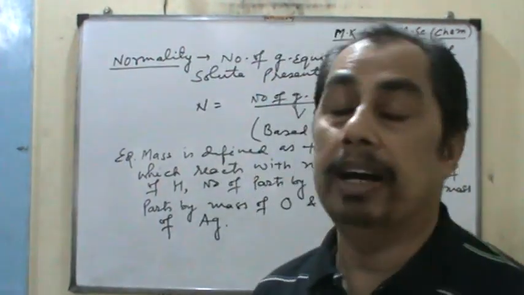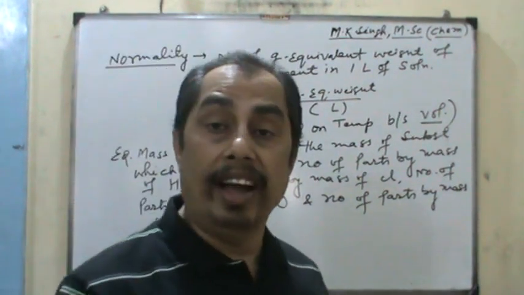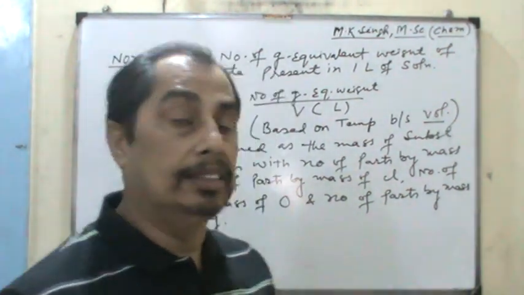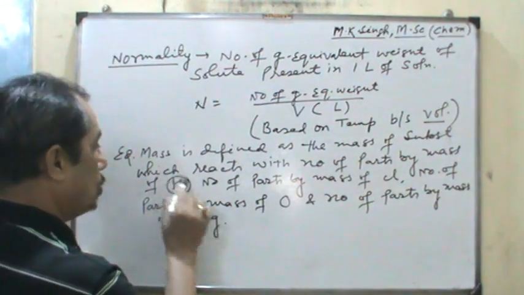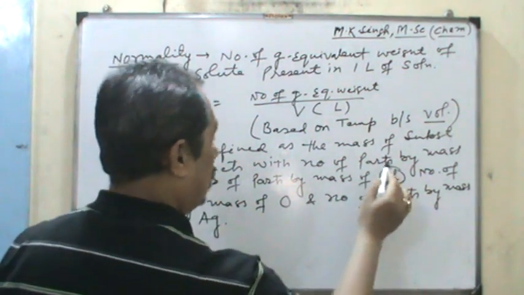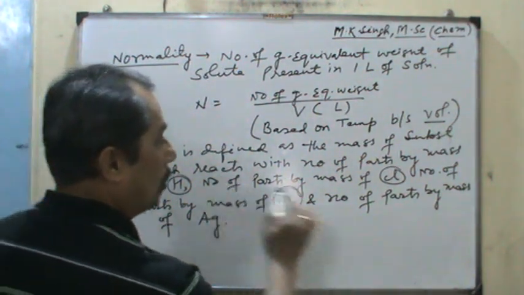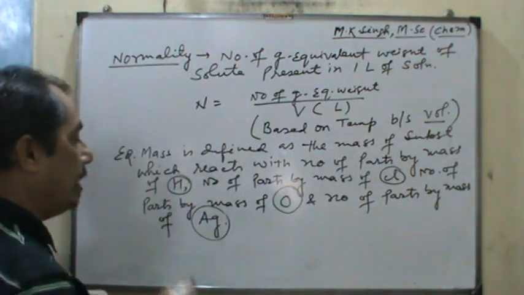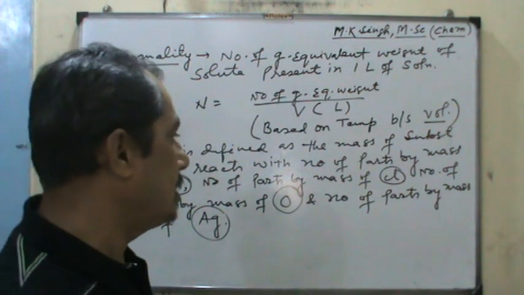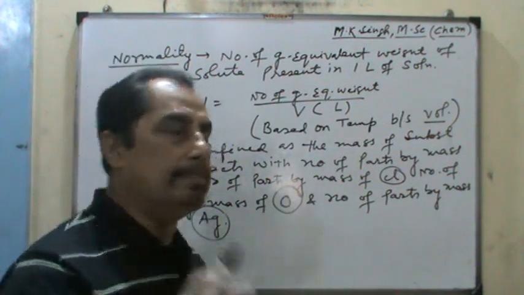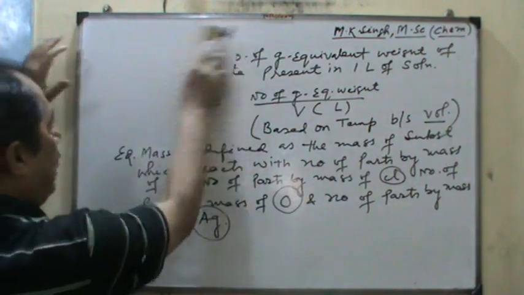Actually, the equivalent mass is defined as the substance which, when reacts with number of parts by mass of hydrogen, what is the mass of the chlorine, what is the mass of the oxygen, and the same way the mass of the silver. I have taken a few elements. You can apply it to any element, there you will get the right answer.